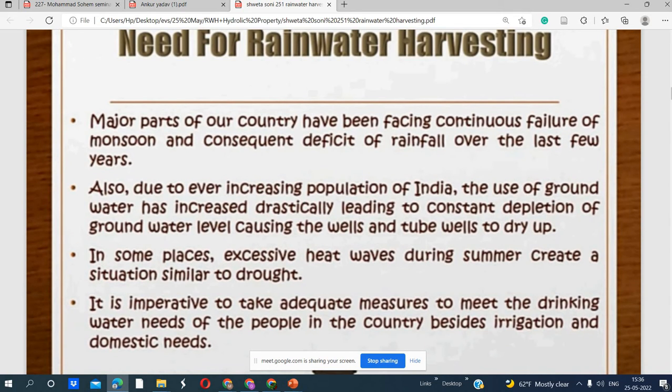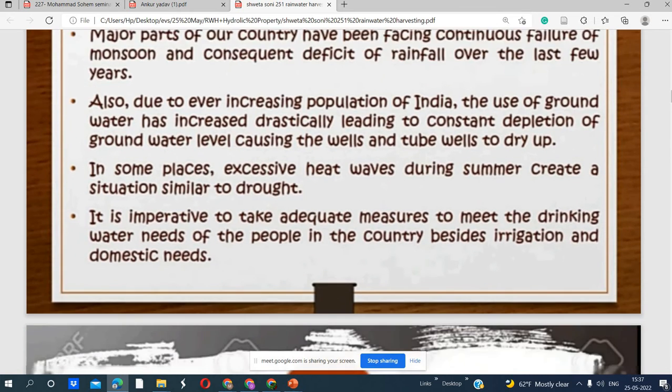So what is the need of rainwater harvesting? As we know, the population of the world is increasing at a drastic rate. If we don't conserve water, then there will be no water in future for our future generations. So the basic need is to conserve water for the future, and also for drought, when we don't have water through rain.